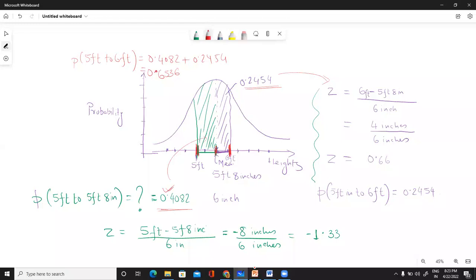Now, what will be the probability of getting a value above 6 feet? This area. How will we find that?